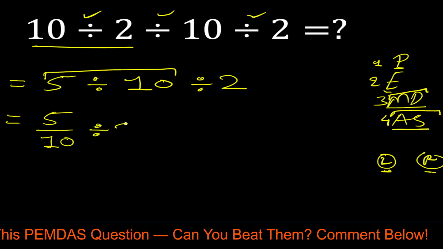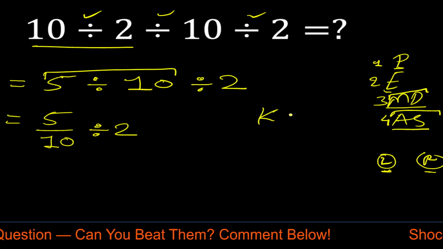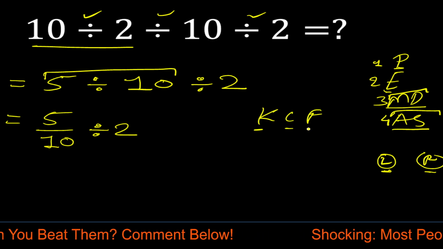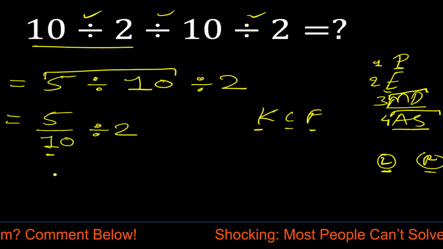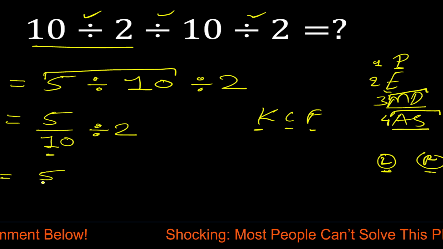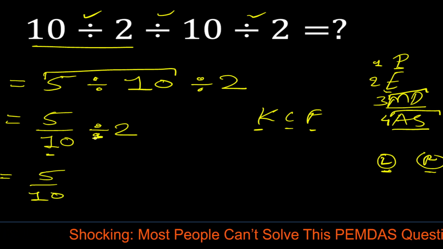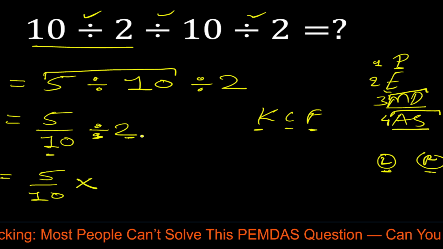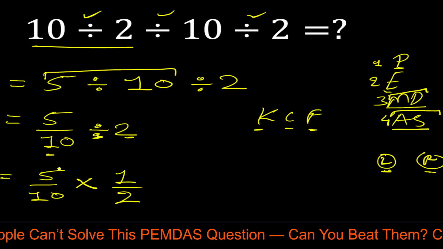divided by 2, right? Now according to the KCF rule, K stands for keep, C stands for change, and F stands for flip. So keep this first fraction 5 upon 10 as it is. Then change this sign from division to multiplication, and F means flip this 2, which is equal to 1 upon 2, right?